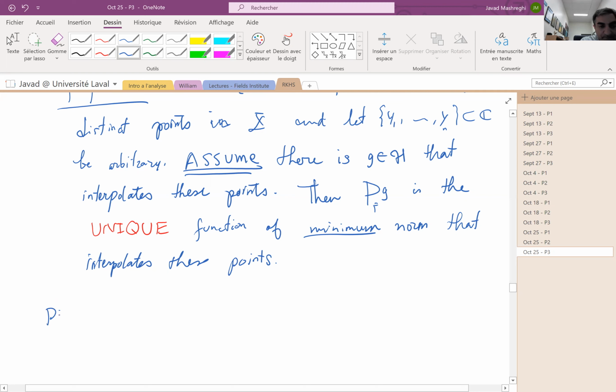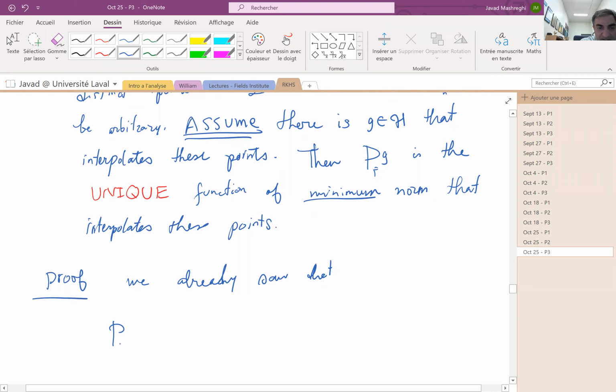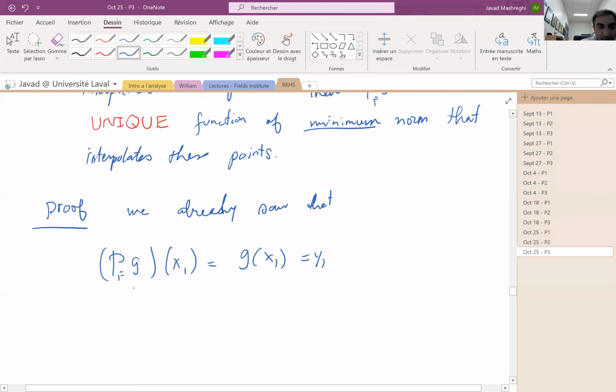Proof. First, some part is already shown, the part that interpolates, because we already saw that PFG at point x1 is equal to G at point x1, and this is y1, up to xn.